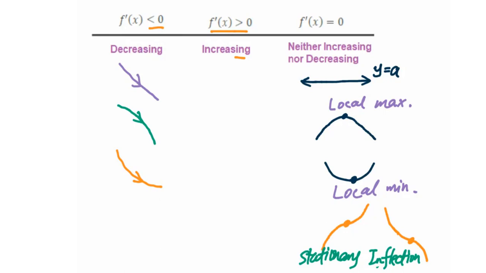For the increasing graph, we know the linear pattern. Then you could see here is a quadratic pattern increasing, or an exponential pattern increasing. That we call an exponential growth.